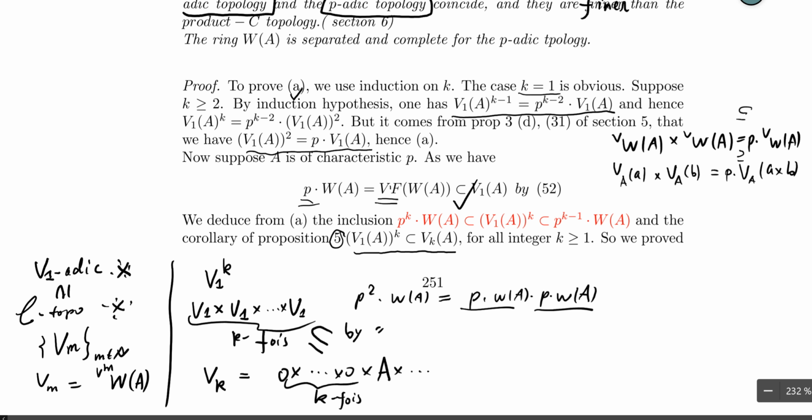What relation? The relation that Vm product with Vn is inside Vm plus n. We just proved. So okay, it's inside.